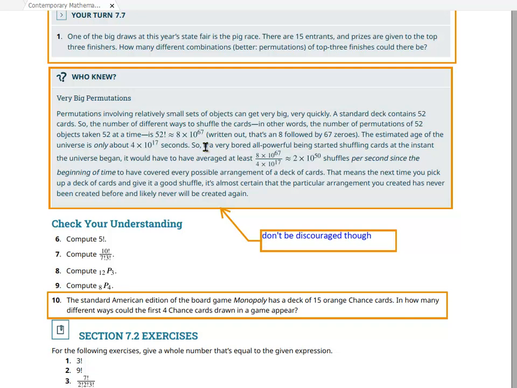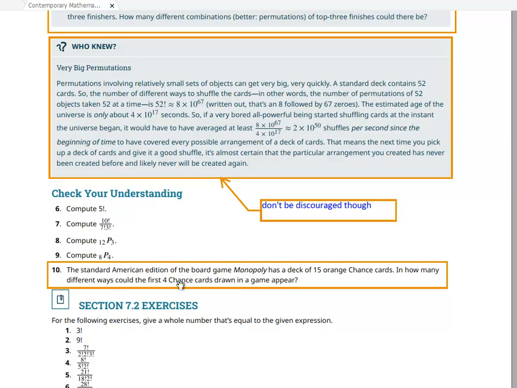So every time you shuffle the cards, the way they're arranged is a completely new way. No one ever has shuffled the cards like that, because the permutations are so many that repeating any one of them is just immensely improbable. All right, this one I just did here, 4 out of 15, the Monopoly one.